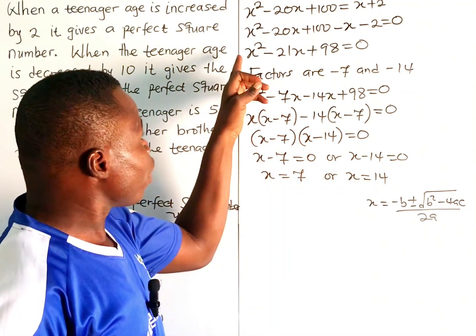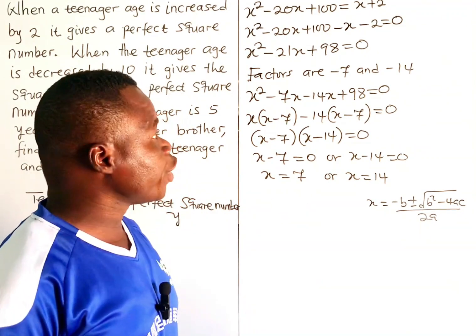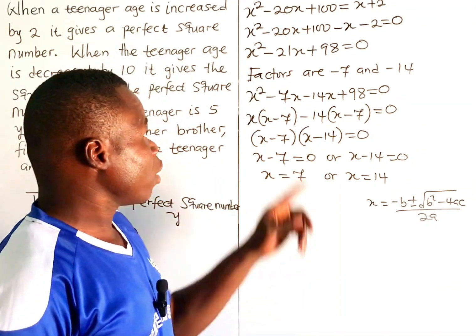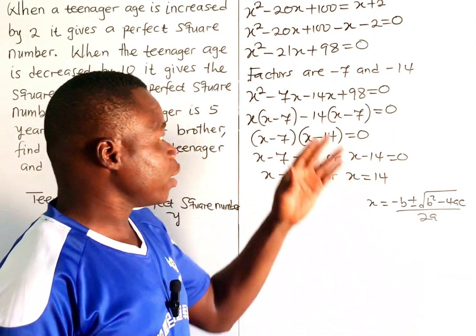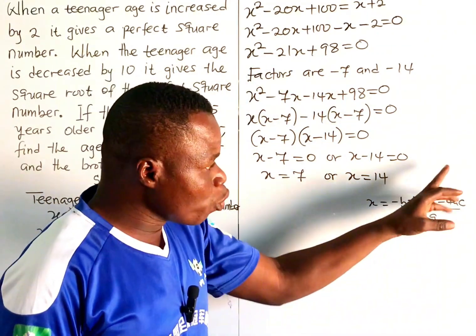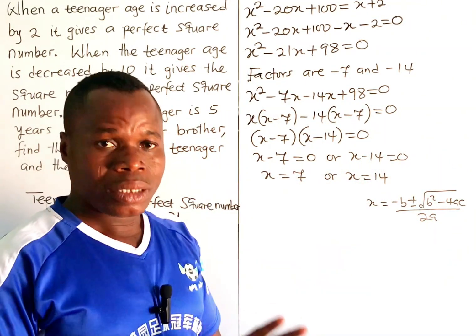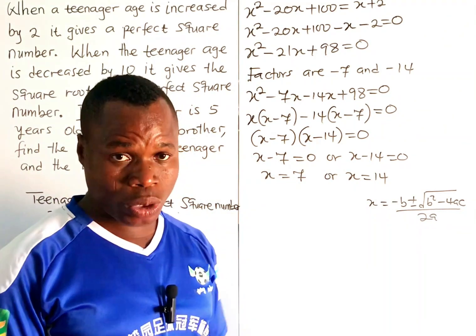So in this case, a will be 1. B is the coefficient of x, and here b will be minus 21. C is the constant term, and for this case, c will be 98. So if you use this particular formula directly, you will get your answers to be 7 and 14.